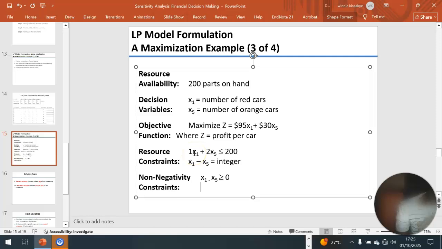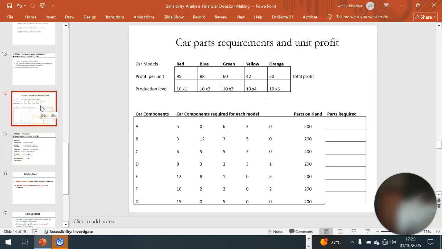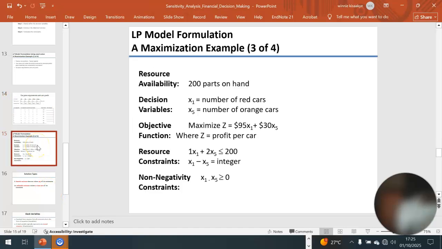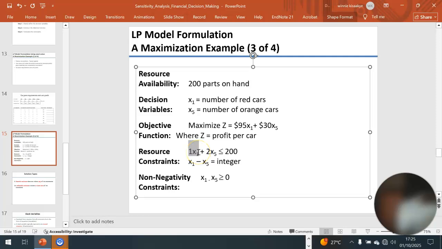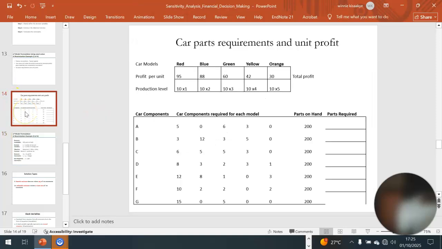Then when we look at resource constraint number 1, as in x1 times, for example, let me show you here. So this means x1 times the levels of production plus x5 times its car components.